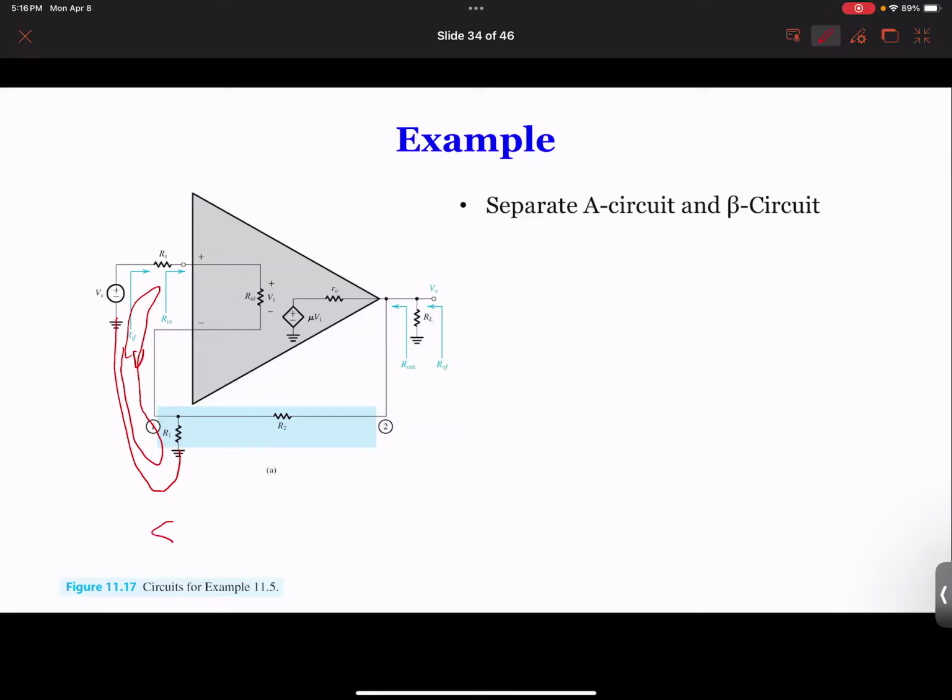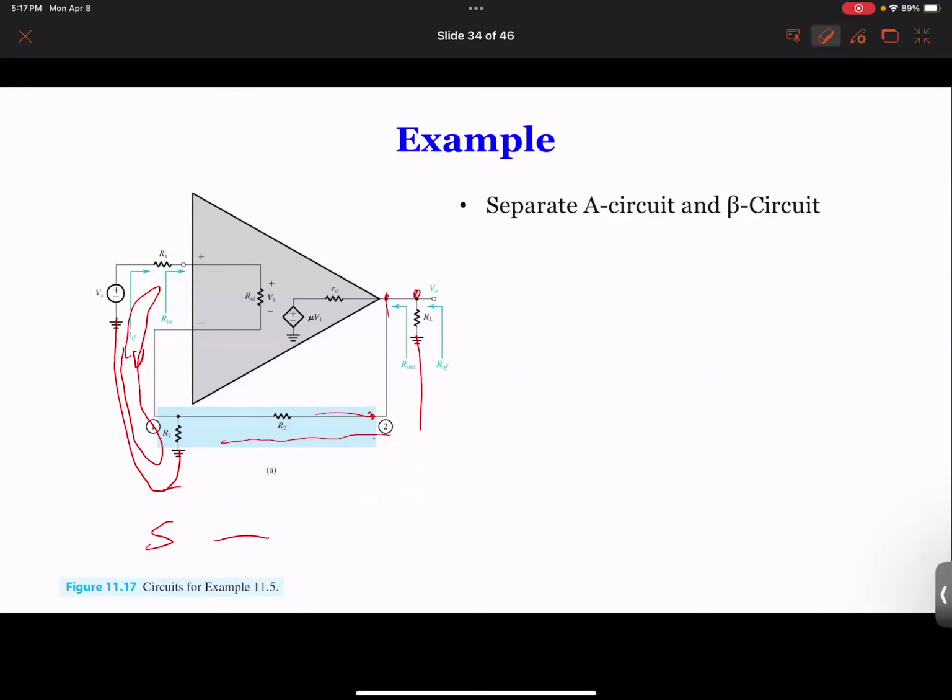The feedback is taken from here, and the ground is here. If it's still not clear, you can add this ground. So you can see this is your ground, this is your output voltage, which is connected to the top of the feedback.